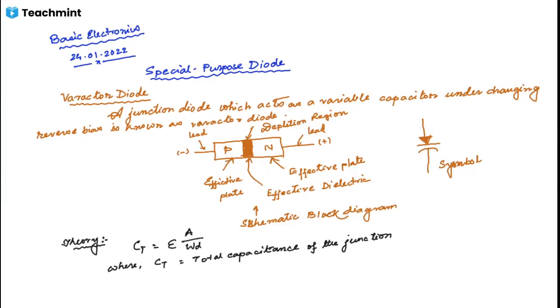Epsilon is the permittivity of the semiconductor material. A is the cross-sectional area of the junction.